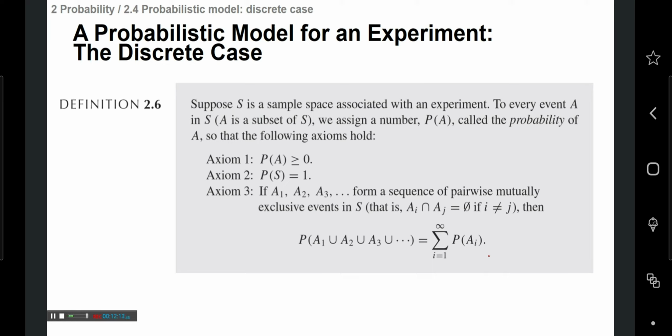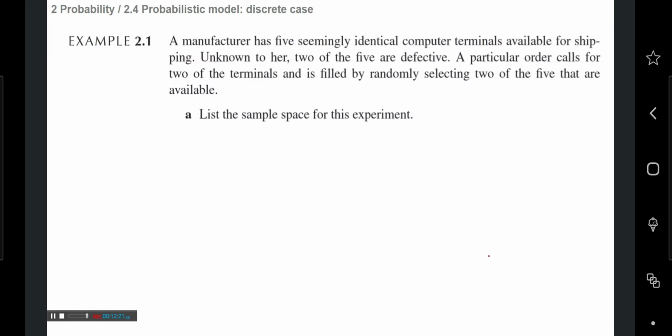So these are the rules for how we treat probability with set notation.